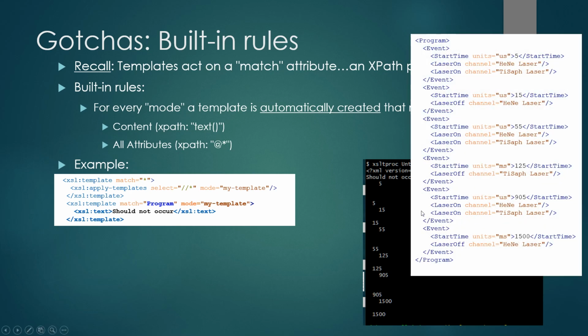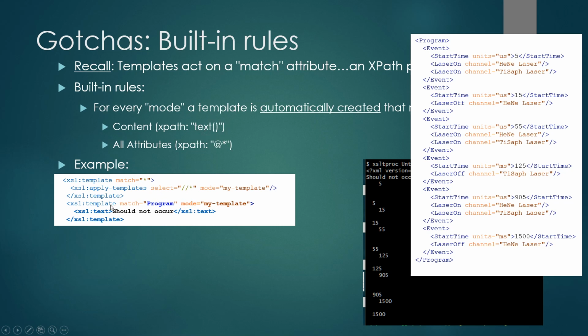Well, if we look at this again, we see that the numbers we're getting are actually content. 55, 5, 15, they're happening, and they're all happening twice with different amounts of dead space, a spare line, and different indents. Remember, these built-in rules are applying to all text.